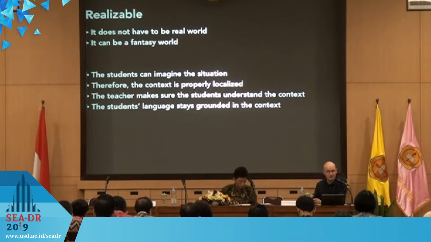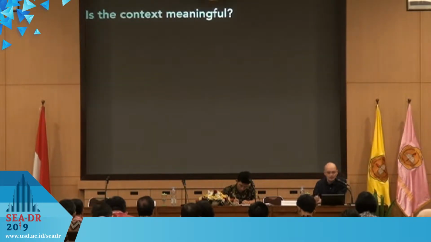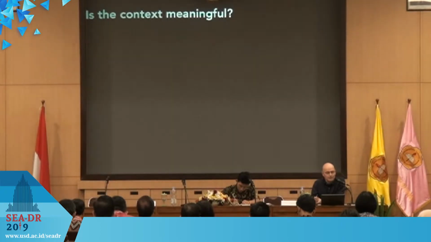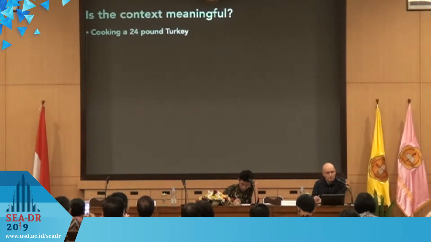Their language is grounded in the context. And when you hear children removing the context and only talking about numbers, you know something went wrong. So we have to look for meaningful context, meaningful for the children. We have to look for motivational context.